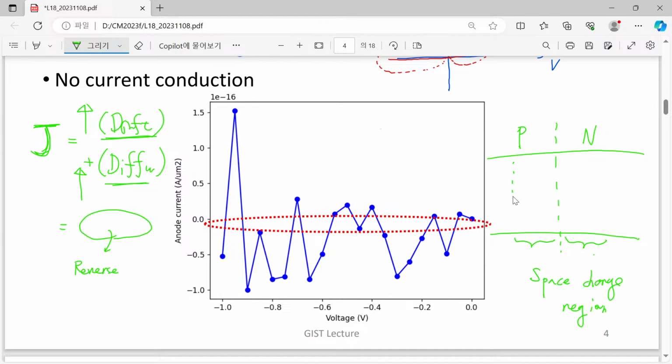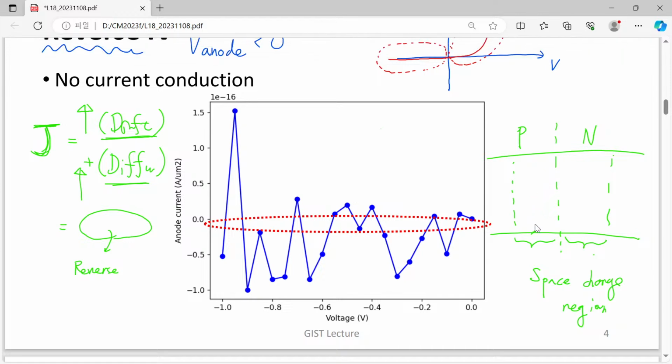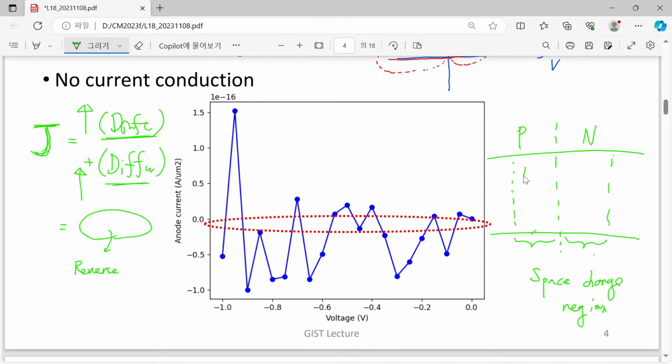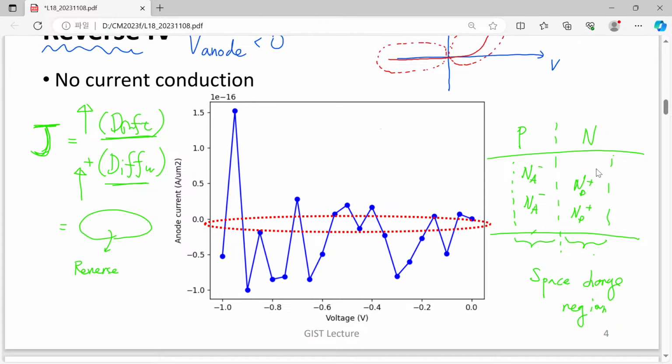This part should contain a lot of holes and acceptors. However, holes are all depleted, so we just have acceptor ions. And in the n-type region we must have a lot of electrons and positively charged donors, but due to the depletion we don't have any electrons here.